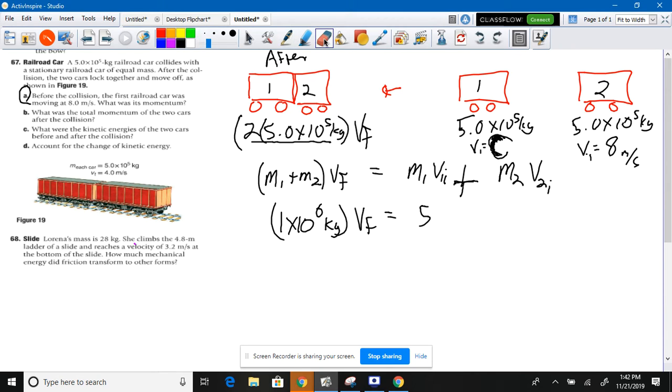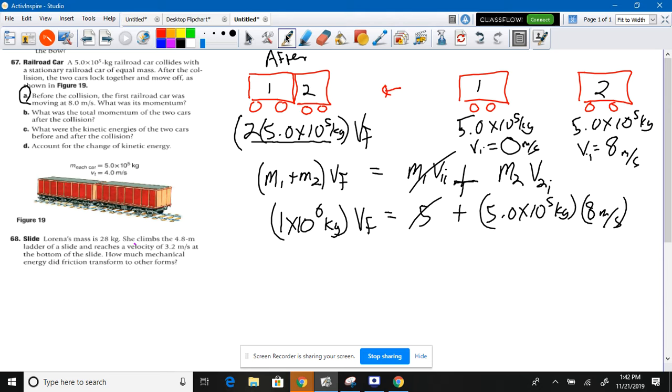Okay, I apologize, trying to be more professional here. 0 meters per second, that means this whole thing was 0. Plus 5.0 times 10 to the 5th kilograms times 8 meters per second. So guys, multiply these two, divide by 1,000,000.